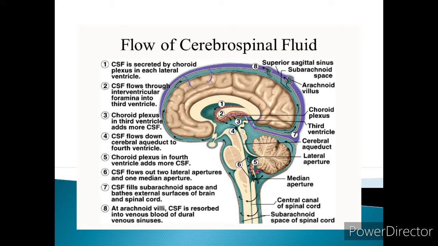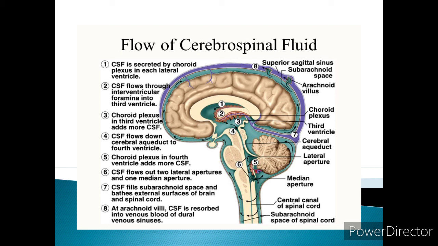And the next is the flow of cerebrospinal fluid. First, CSF is secreted by the choroid plexus in each lateral ventricle, and the second one is it flows through the interventricular foramina into the third ventricle.